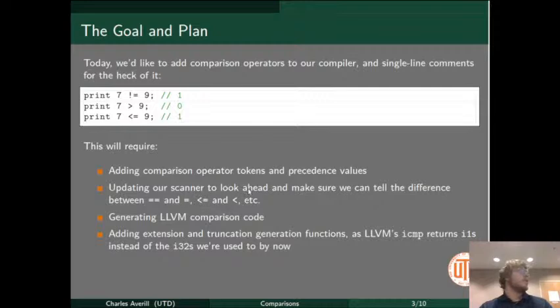Same thing with less than and greater than. We're obviously going to generate our LLVM comparison code. And then we are going to add in some LLVM logic to extend and truncate our virtual register contents, because the compare function that we're going to be using in LLVM returns I1s, which are Boolean values, instead of I32s, which is what we've been using so far.